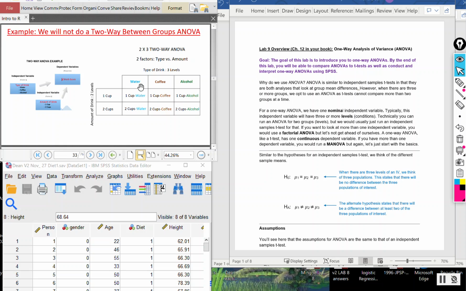And then we have the first level of the type of drink condition intersecting with the second level of the amount of drink condition. And so on and so forth, as we see here. And we would test all these conditions, and we would compare them, and that's how we would perform this two-way between groups ANOVA.